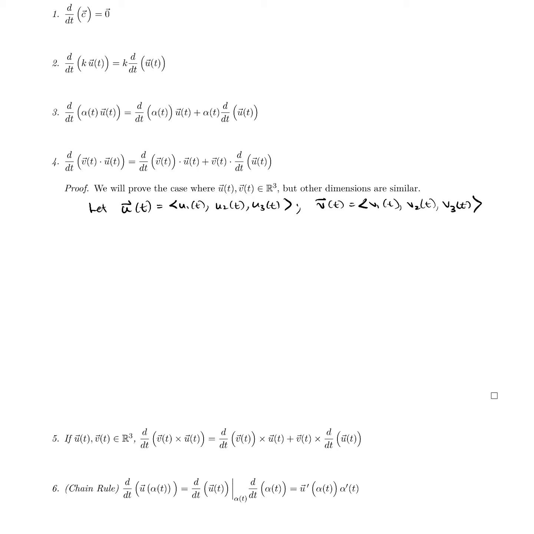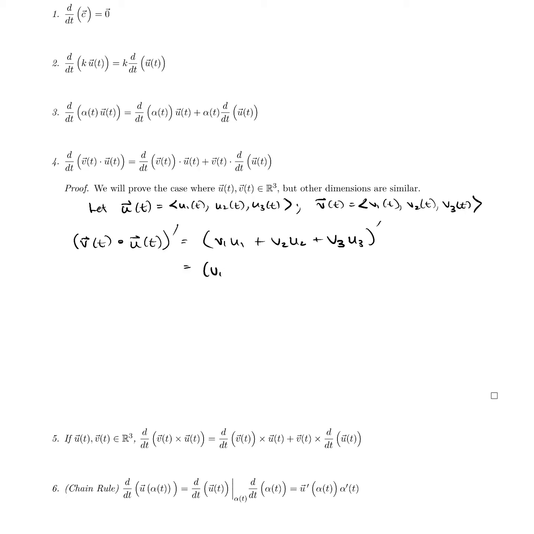We want to examine the left-hand side here, so let's use the prime notation. I think it's a little lighter for notation: v of t dotted with u of t, primed. Well, that's going to be the derivative of the dot product, so v1 u1 plus v2 u2 plus v3 u3, primed.